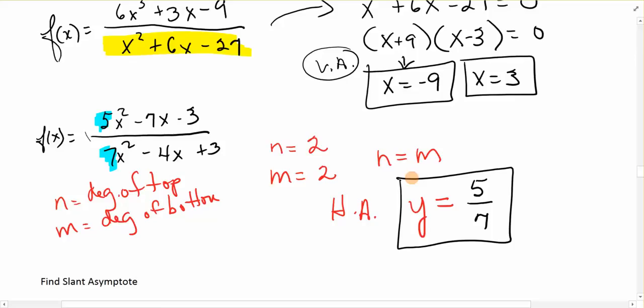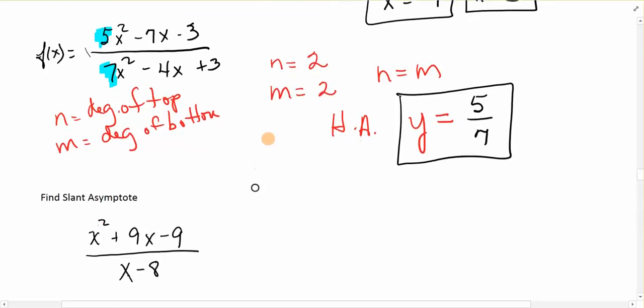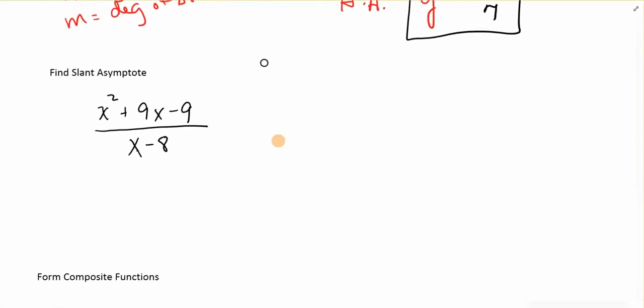We have one other kind of asymptote, and it's called a slant or an oblique. It only occurs when the degree on the top is exactly 1 bigger than the degree on the bottom. Is that the case here? Yeah. And when that happens, we have to actually divide to get the slant asymptote.